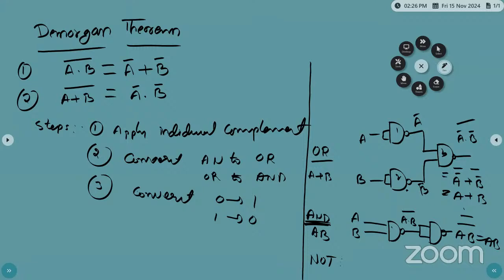And you can tell me the NOT gate. How many gates are required for NOT? Same here also, you can take one NAND gate with a single input.